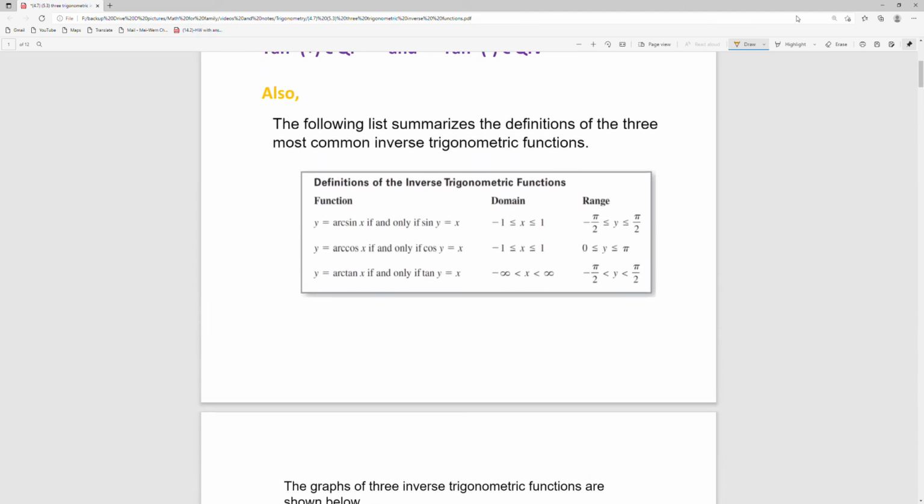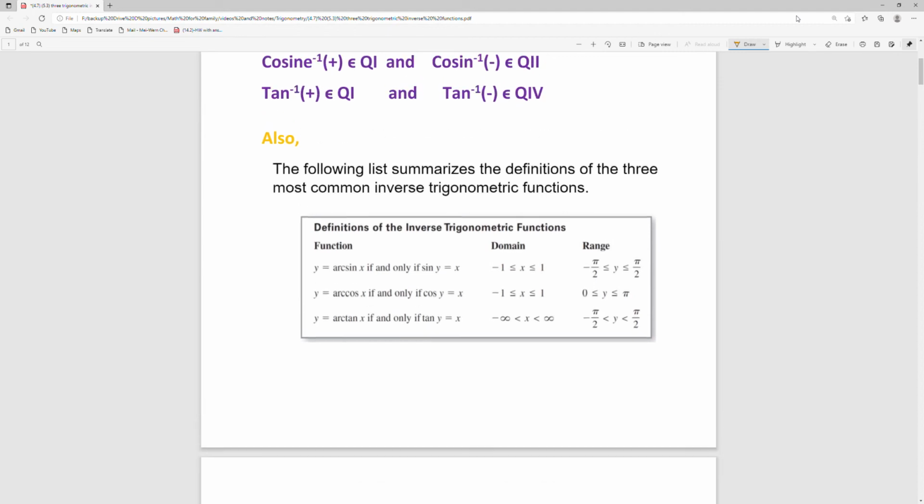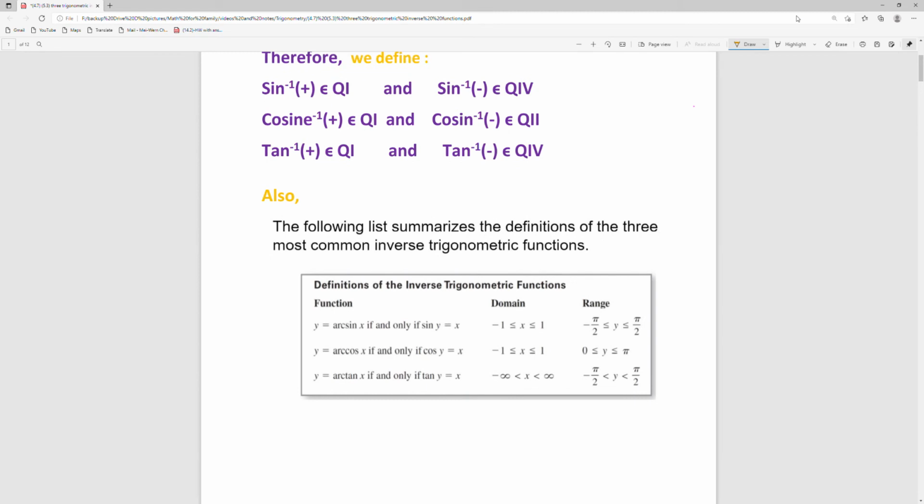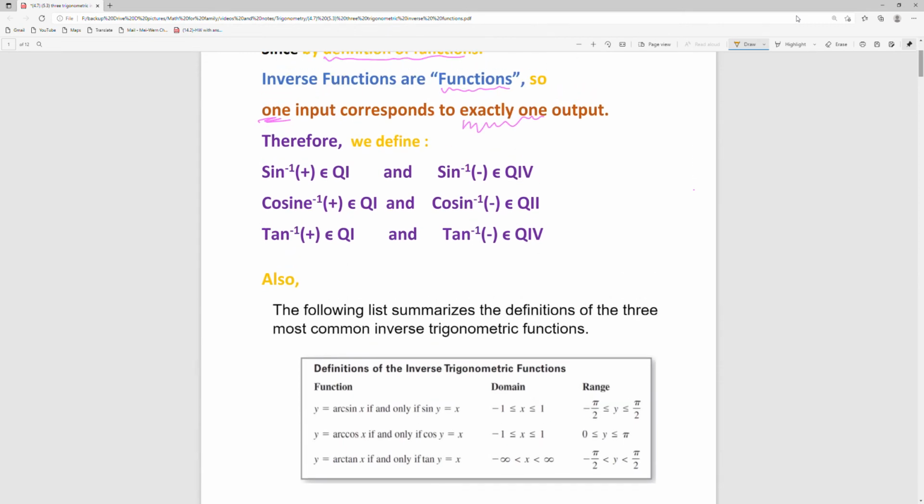Next important thing, we are going to talk about the arc sine function. And for the arc cosine and arc tangent functions, I will talk more in the next section. But the concept of the coterminal angle and the concept of the reference angle are the same.